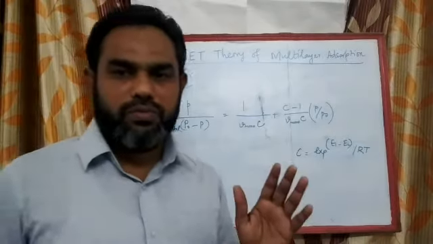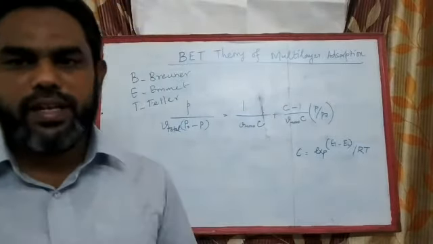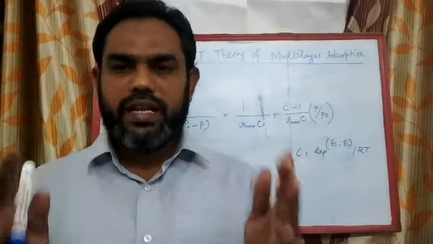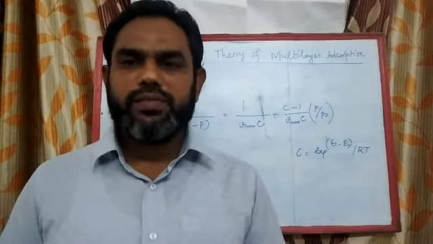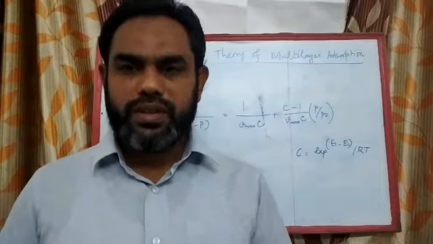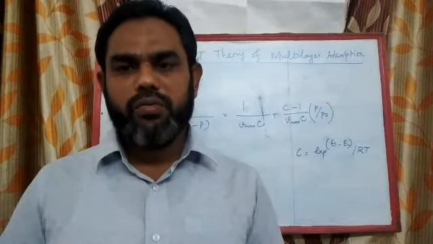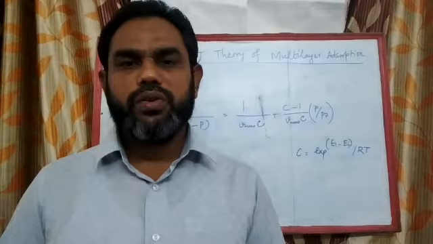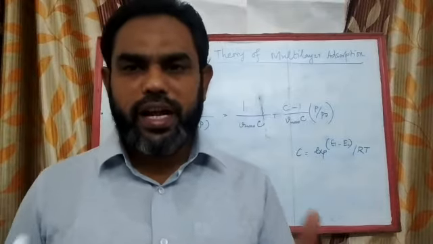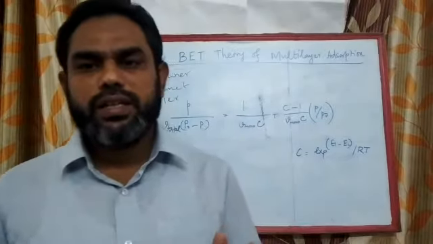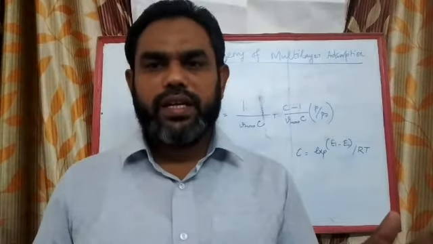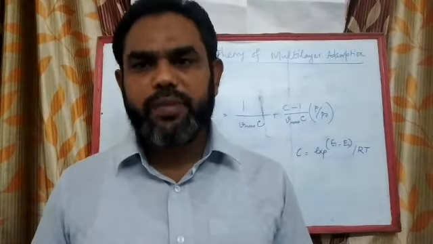Okay, so here, like Langmuir's theory, we make certain assumptions here as well. The first assumption is the surface of the molecule is uniform and homogeneous by nature. Number 2, the adsorbed molecules are independent of each other. The adsorption at one site does not affect the molecule which is present in the neighboring site.